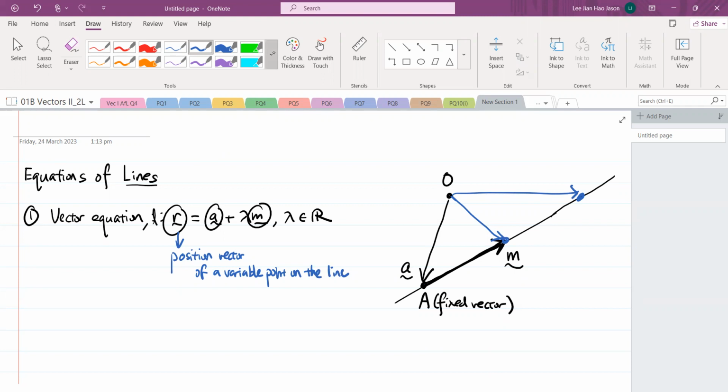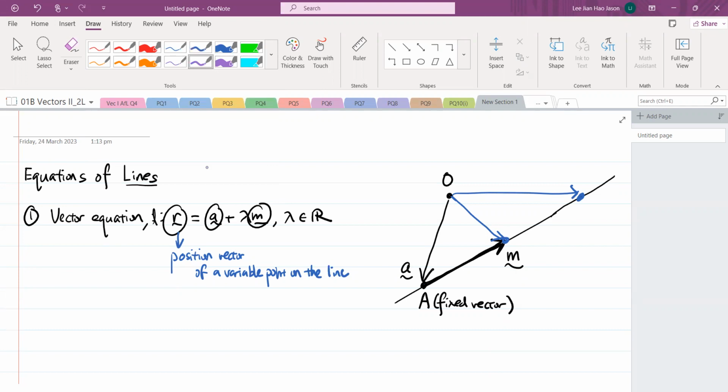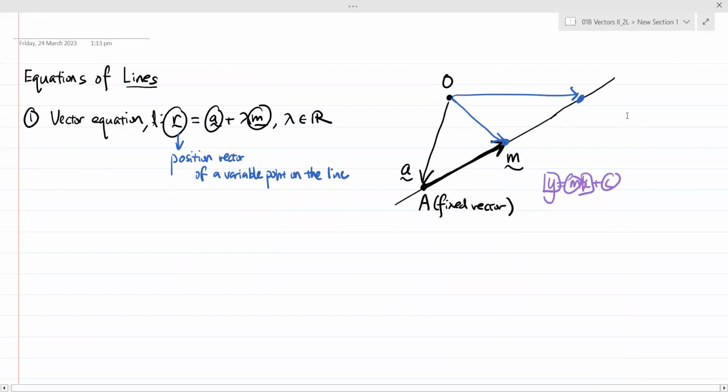It's just like in the past when you learned y equals mx plus c. You have a gradient, you have a fixed point, the y-intercept, and then this is your variable, right? Now it's just that we are writing it in a different way. So x, y, z, we put the variables into one vector, and we call this r.